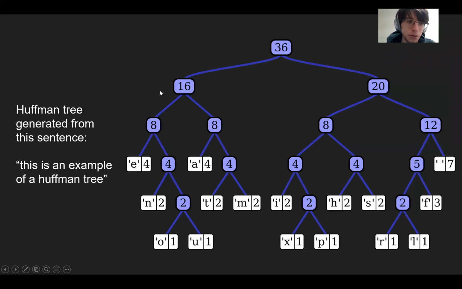Okay, so here's an example. This is an example of a Huffman tree, as our sentence, maybe that's what's in our file. This 36 here is the number of characters, and we'll see how we actually build it in a minute. Maybe you can see what's going on here. The space character shows up 7 times, so we're going to see it over here, and the A shows up 4 times, so it's here.